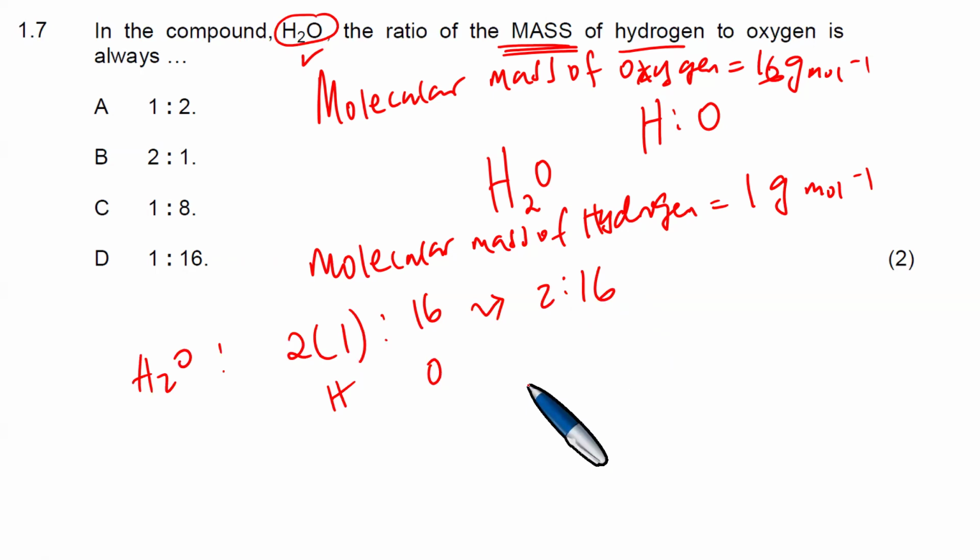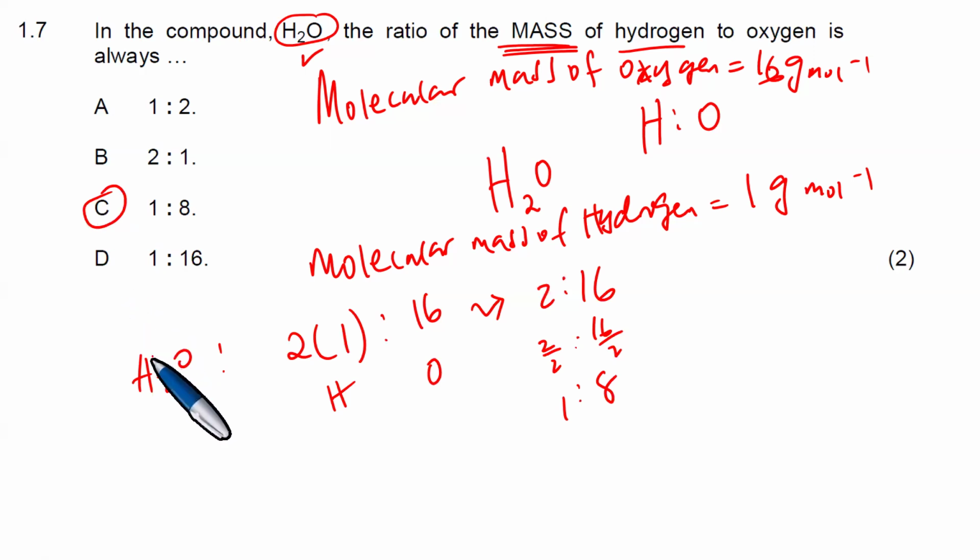If you simplify the ratio of 2 is to 16, what does it become? You divide by the smallest one, because the smallest number between 2 and 16 is 2. Dividing 2 by 2, dividing 16 by 2, what do you get? You get 8. And therefore the correct answer is the letter C.